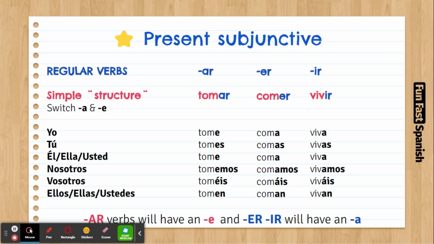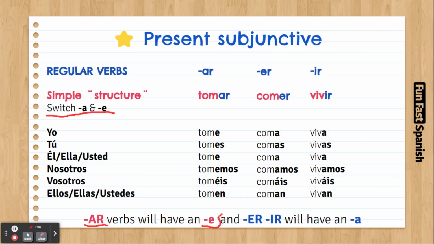The conjugation of the present subjunctive is pretty similar to something we did before in the imperative. I don't know if you remember, but we were doing something called to switch the A and E. It's a simple rule: when you have an AR verb, you're going to put an E, and when you have an ER verb or an IR verb, you're going to put an A. So you kind of switch them.